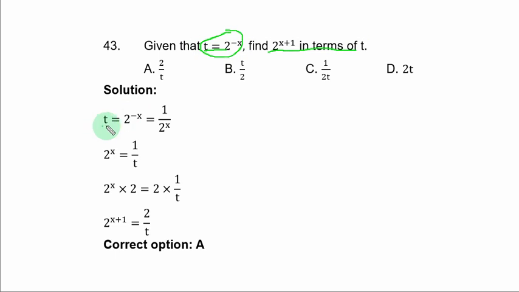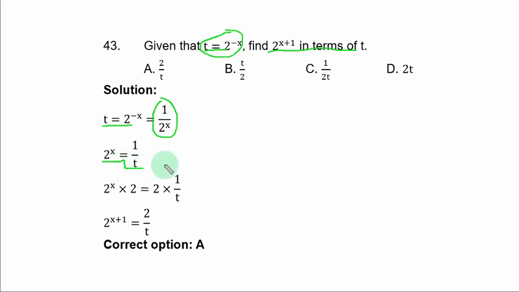So T equal to 2 to the power of minus S. In negative index form, you have 1 over 2 power S to eliminate the minus sign. Now, let us make S the subject because we are looking for S in terms of T. So 2 power S is simply equal to 1 over T.